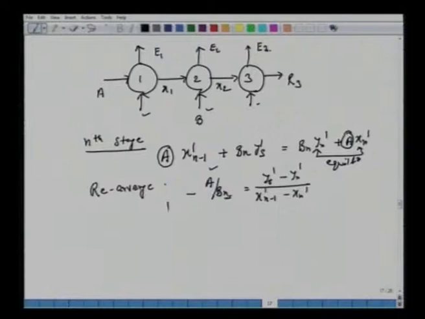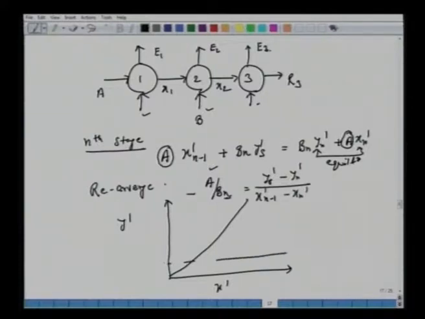In other words, if you work on this equilibrium curve with y dash and x dash, say there's some amount of solvent, so this is y dash and x dash, extract phase and the raffinate.